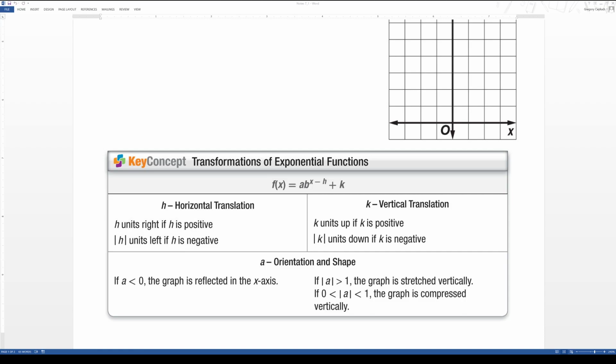So if we want to shift something to the right, then we actually need to subtract something from the exponent. It works the same way as when we shifted other types of graphs, like parabolas or absolute value functions. It actually works the same way. And if this number is negative, so if we have x plus something, that will actually shift it to the left. Let's see what that looks like.